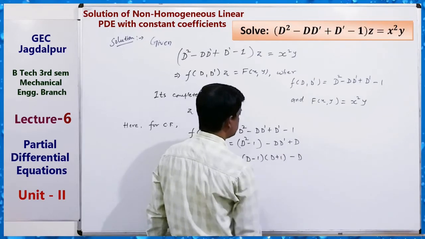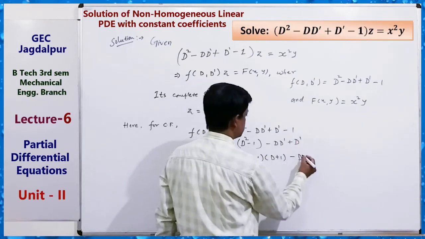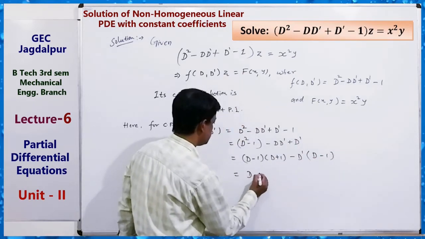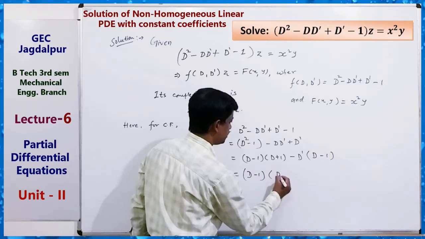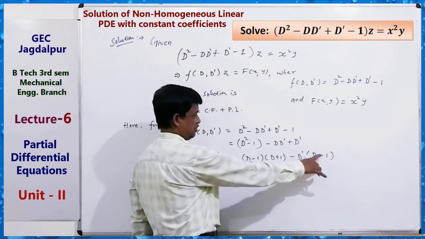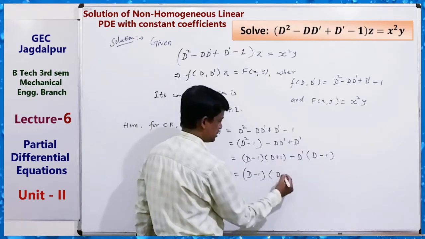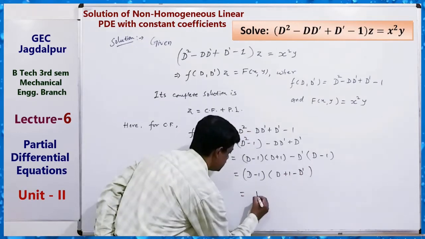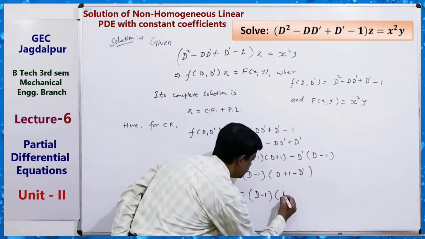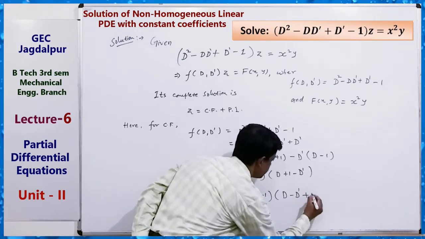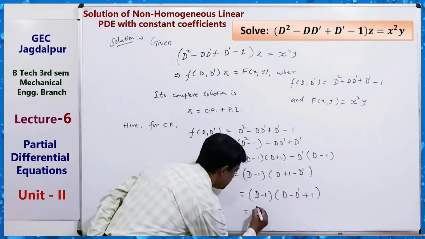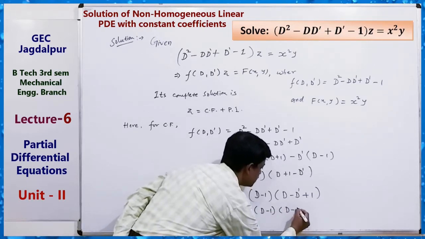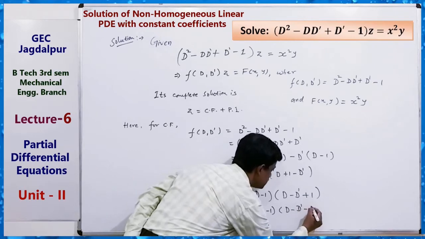Here take common D dash minus D dash, so D minus 1. So we can take common D minus 1 and get D minus 1 common, so D plus 1 minus D dash. So that is (D minus 1)(D plus 1 minus D dash). That is factor D minus 1, D minus D dash plus 1.